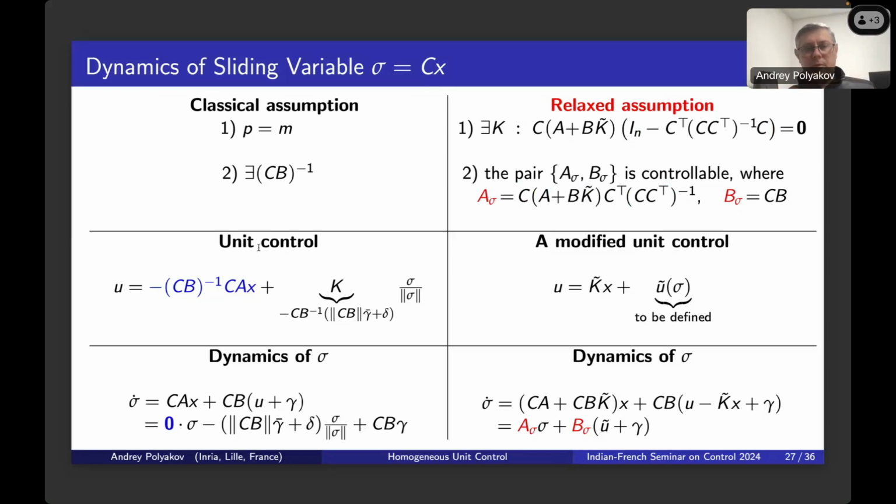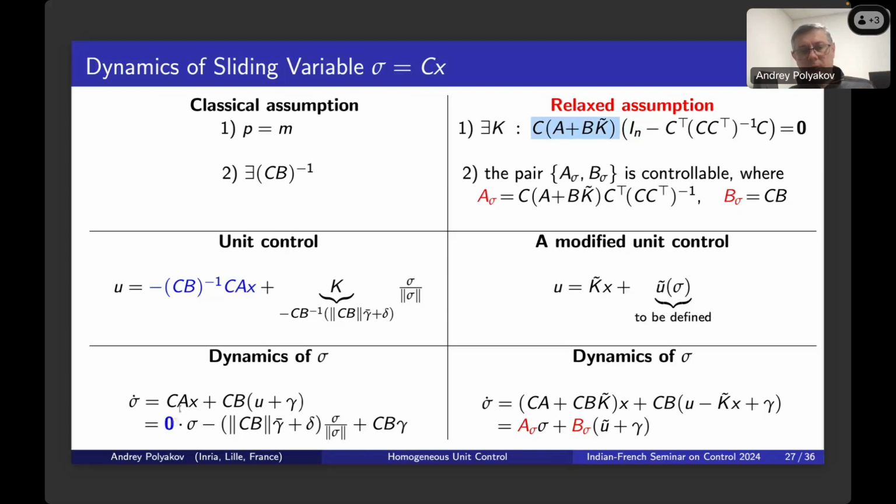So here I just compare the structure of the unit control and the modified unit control. For unit control, we immediately have the gain which makes this matrix 0, which rejects the linear dynamics. And when we compute the dynamics of the output, you will see that the matrix in front of sigma is just 0.